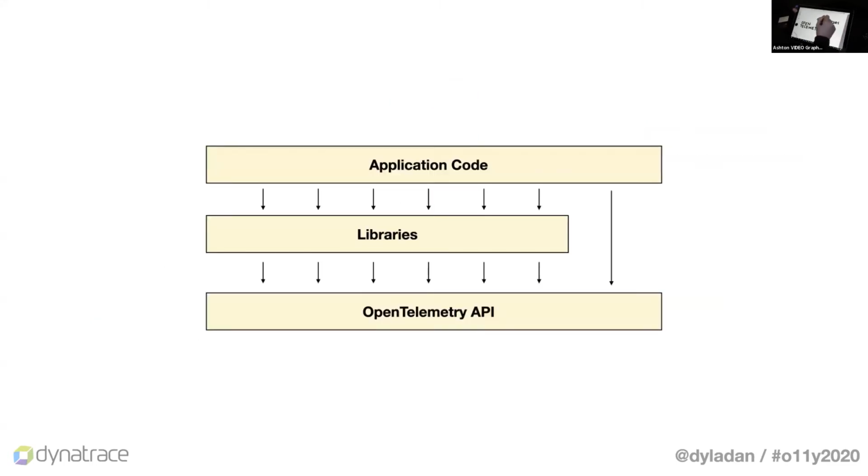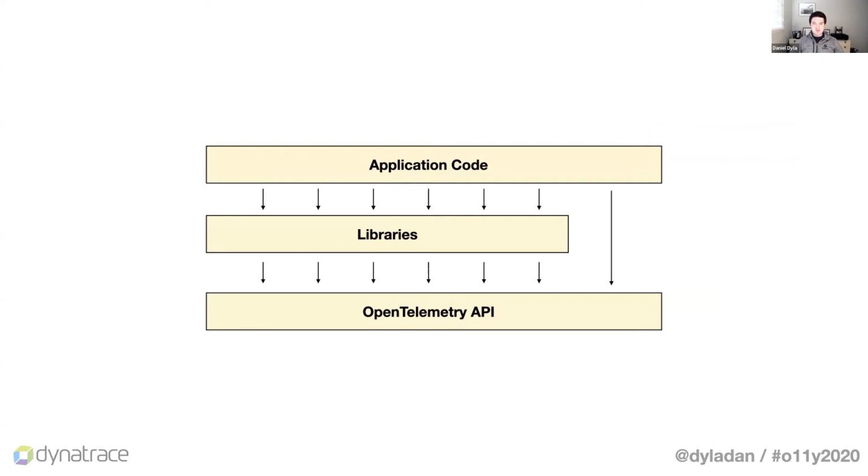This is a very simple architecture diagram showing how you might use OpenTelemetry and how you use the API. The core idea here is that your application depends on libraries, and libraries can depend on the OpenTelemetry API.